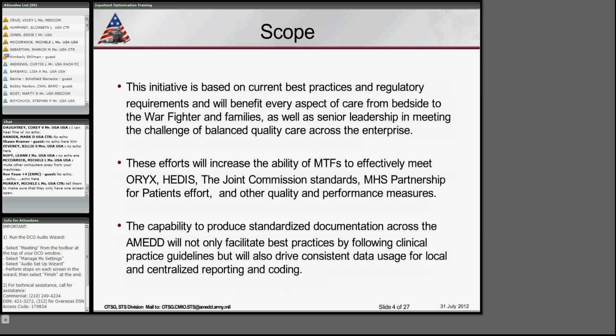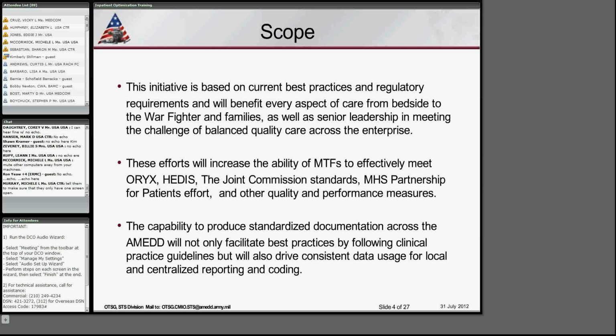The scope of the project is to look at current best practices, regulatory requirements, as well as the clinical requirements for documentation in order to provide the best care for our patients. We will work with the teams to effectively meet our ORIX and HEDIS measures and Joint Commission standards. We have folks from all of those different areas, coding, Joint Commission, patient safety included in our groups.